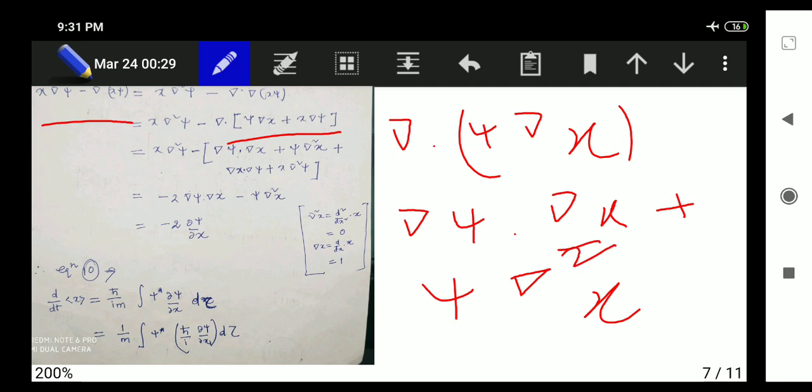So you got two terms. Similarly, when this del dot works on x del psi in the second term, you get two terms, which is del x dot del psi plus x del 2 psi.